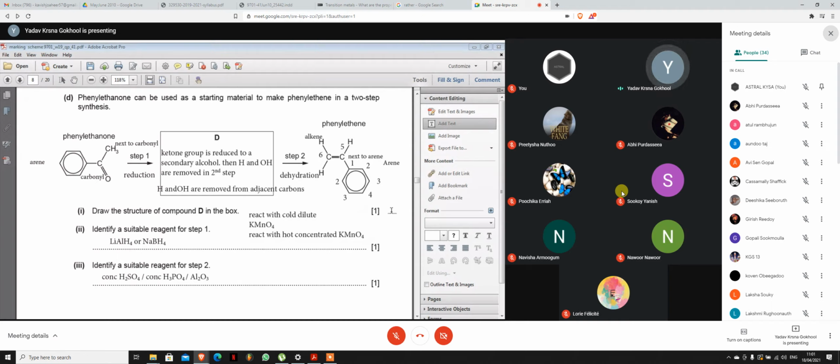I repeat again, we will have a chemical shift range 110 to 160. This will be due to the presence of either the alkene, you have an alkene here, or the arene. These 2 functional groups are giving the same peak.